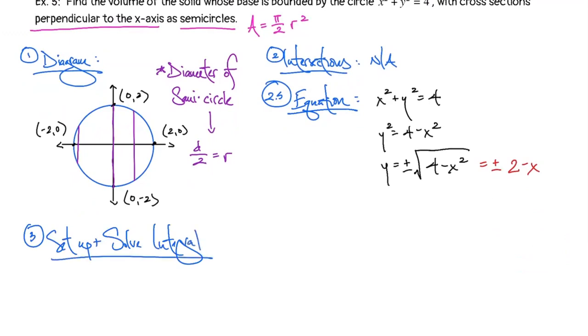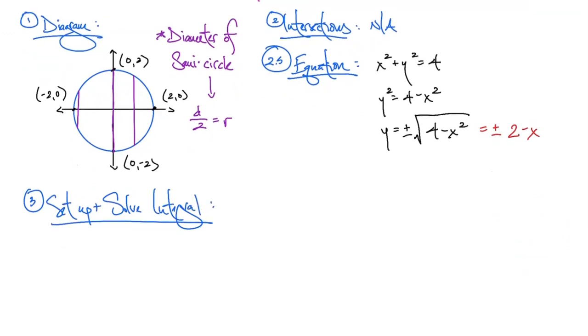Let's set up and solve that integral. We're going to say volume equals the integral of area. We've already decided, because of these vertical lines, that we are going to be stacking along the x-axis, and therefore it will be dx.